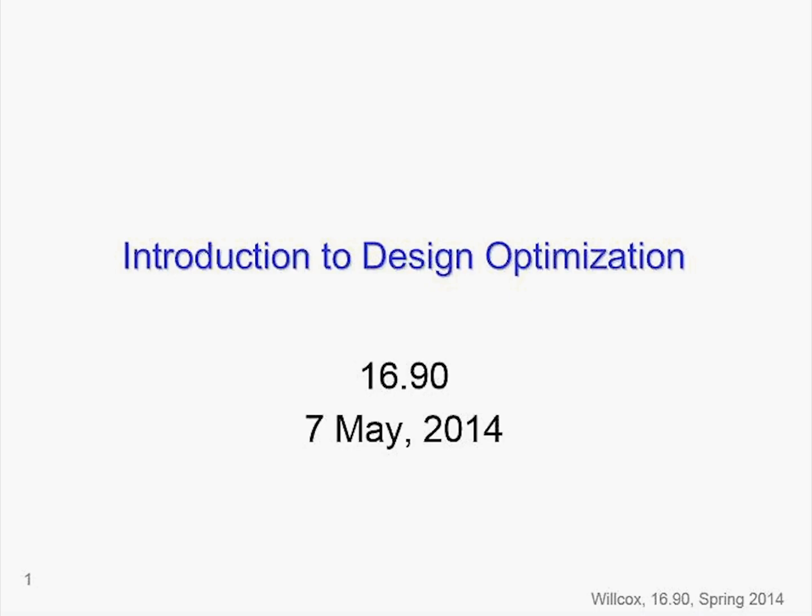So here are the three things we're going to try to cover today. We'll talk about the basics of a design optimization problem, how you take a design problem and set it up as an optimization problem. We'll talk about unconstrained optimization methods and how to compute the gradients that we will need for those optimization methods. And then in the next lecture, we'll talk a little more about some of the different methods.